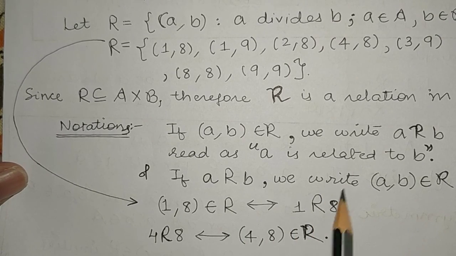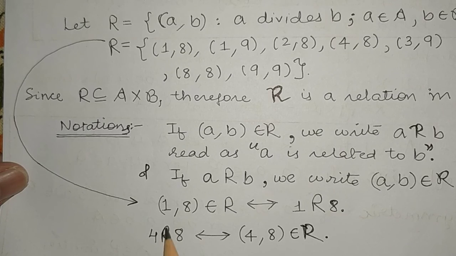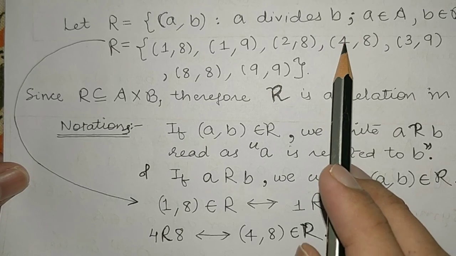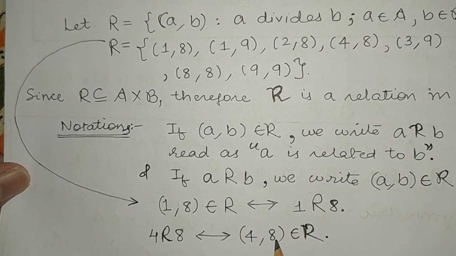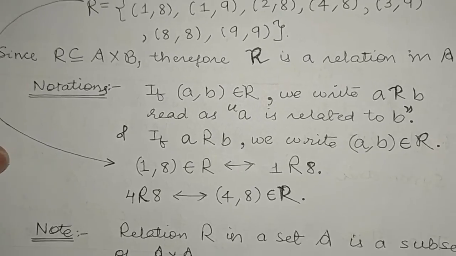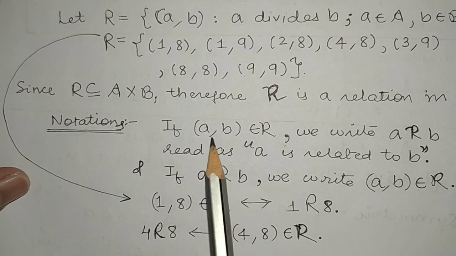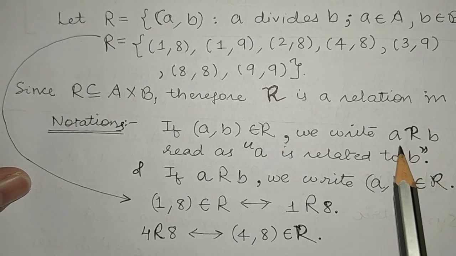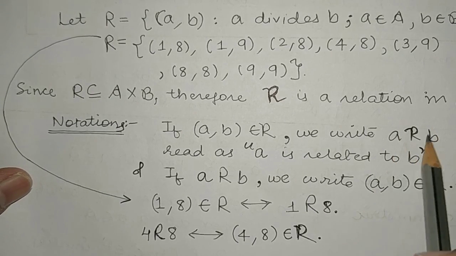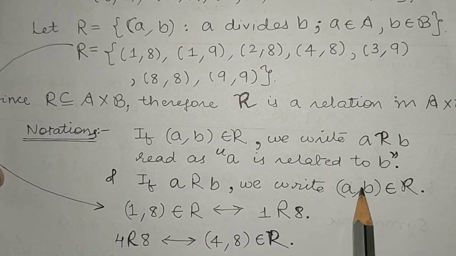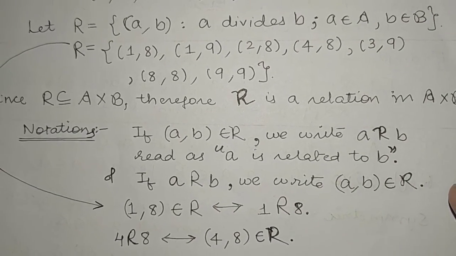Similarly, if 4 is related to 8, then we can write 4 comma 8 belongs to R. When A comma B belongs to R, definitely we can write A R B, that is A is related to B. This is clear. And when A is related to B, we can write A comma B belongs to R.